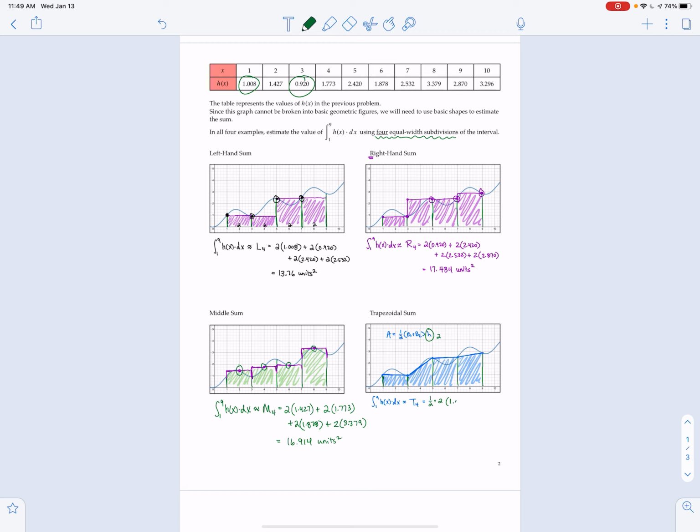So 1.008 plus 0.920, and we're going to add to that 1/2 times 2 times 0.920 plus f of 5, which is 2.420, plus our third rectangle, which is 2.420, plus h of 7, I should say, 2.532, and finally our fourth rectangle.